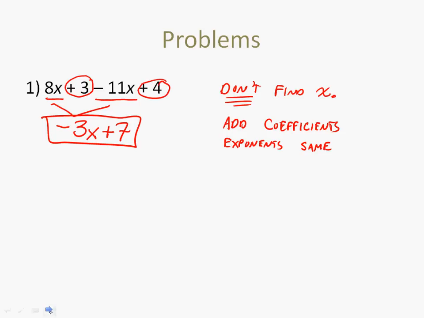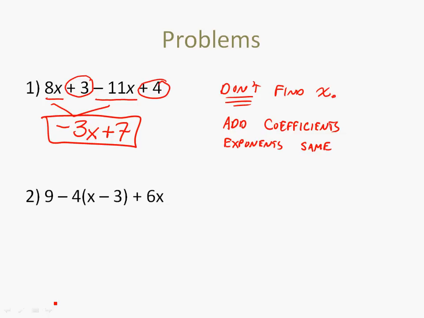Okay, and again, I cannot turn this into 4x. The 3x and the 7 are not like terms, so I have to keep them separated. And again, I can't find what x equals. There's no equal sign. I just leave the expression as my final answer.